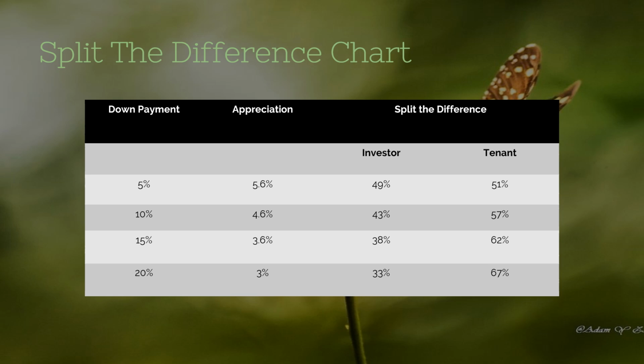So on the sale of the property, when the agreement of purchase and sale is finally signed and the appraised value is determined, the investor receives his share of the difference and the split is done. The tenant buyer now receives a credit for the option fee, which was the initial deposit.